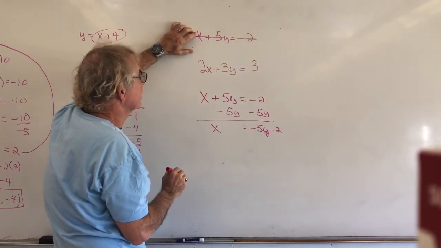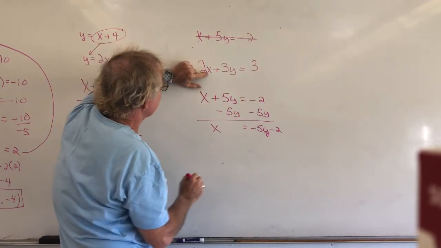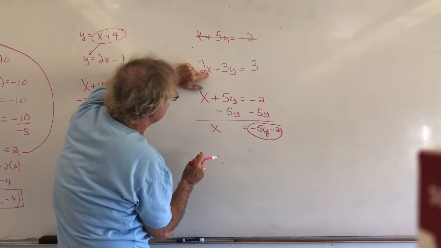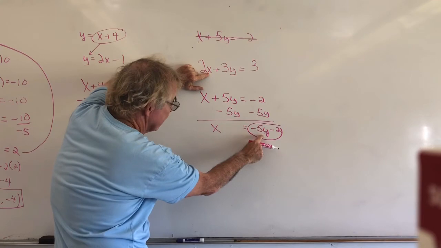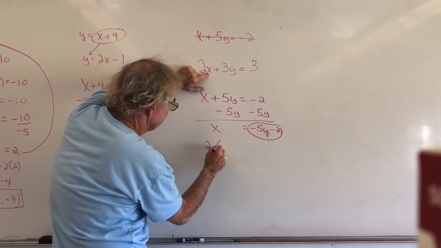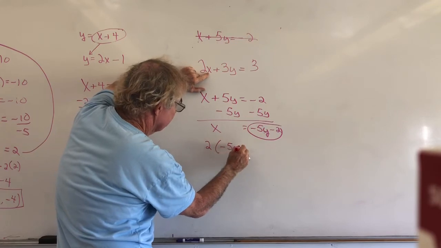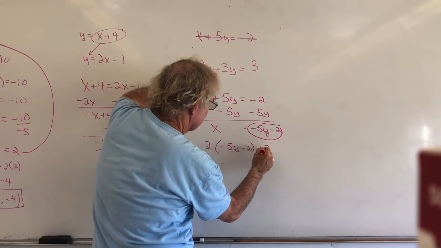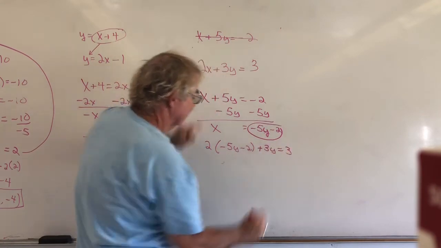You used it. Now go to this one, and every place you see that x, you write that. So you got 2x plus 3y is 3. Okay?